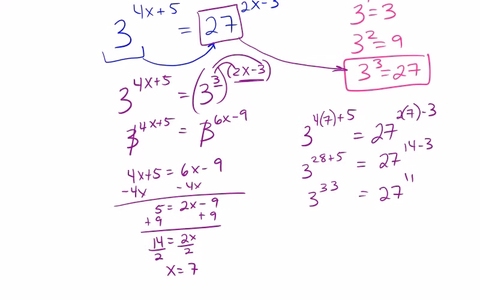Oh yes, now I remember, because 27 is actually 3 to the third. Then 3 to the third to the 11th means 3 to the 33rd. And now they're the same because we have the same base. So again, we need to convert the bases to be the same before we can calculate any of the other values. Let's look at a second example like this.